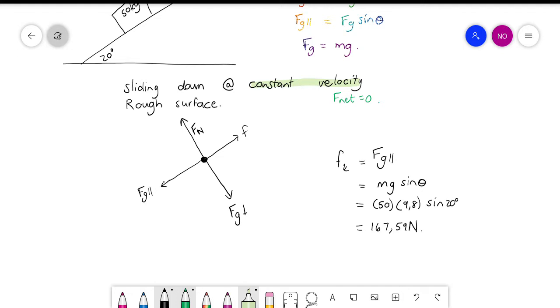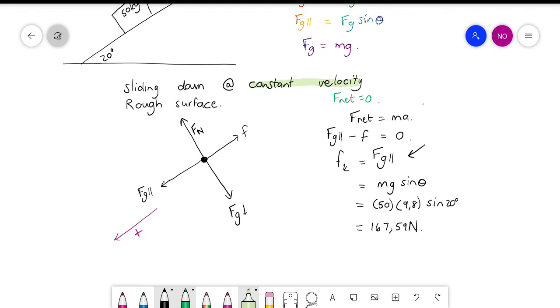Hoekom weet ons daai twee goed is gelyk aan mekaar? You have to start off by saying we know that F net is equal to m times a. Okay? Hoe kry ons vir F net? In hierdie geval, kom ons vat daai rigting as positief. Gaan dit wees FG parallel minus wrywing is dan gelyk aan 0.